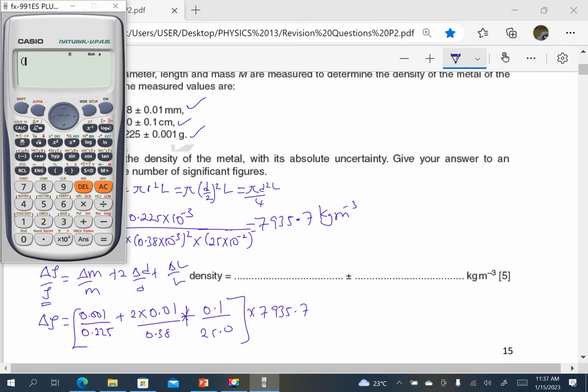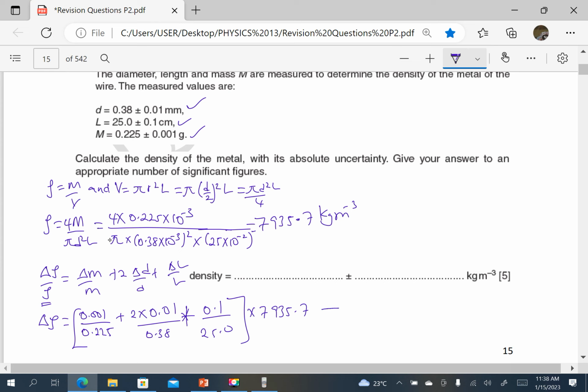So I have open brackets 0.001 divided by 0.225 plus open bracket 0.02 over 0.38 plus open bracket 0.1 divided by 25. So that is the answer times the value of density, which is 7935.7.